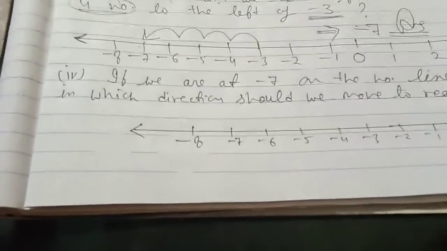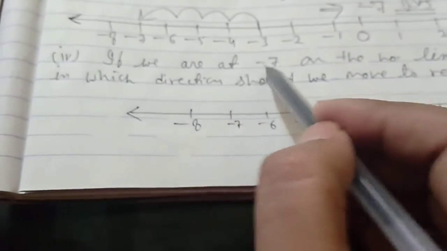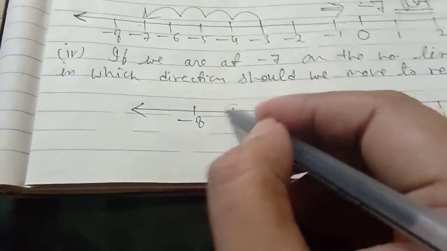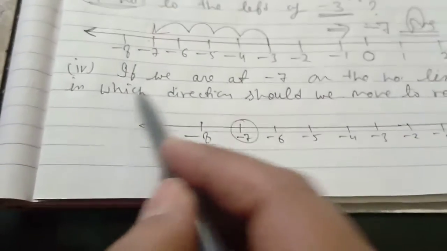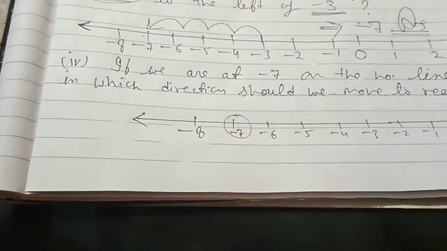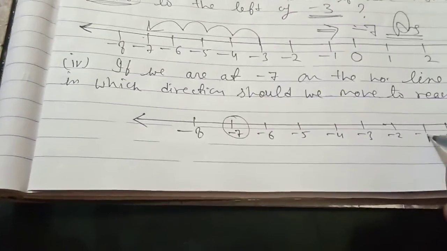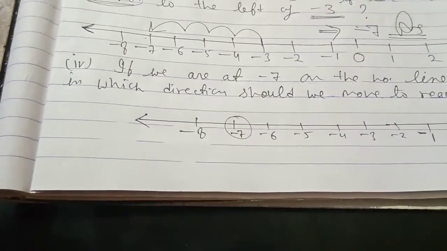Now moving to question number 4. If we are at -7, this is -7 on the number line, in which direction should we move to reach -1? First of all you have to find out where -1 is. So -1 is here.